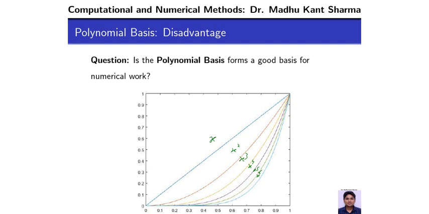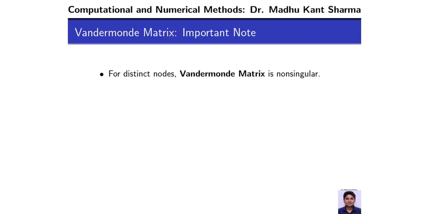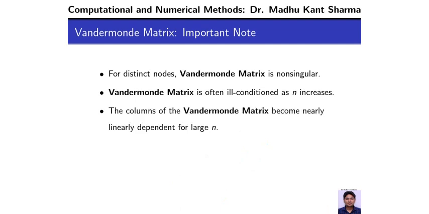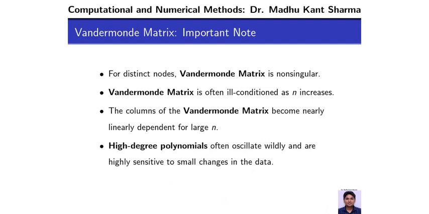It gives you a polynomial of degree at most n, using the same data set of n plus 1 points, represented in the following form: y0 L0 of x plus y1 L1 of x plus y2 L2 of x and so on, plus yn Ln of x.